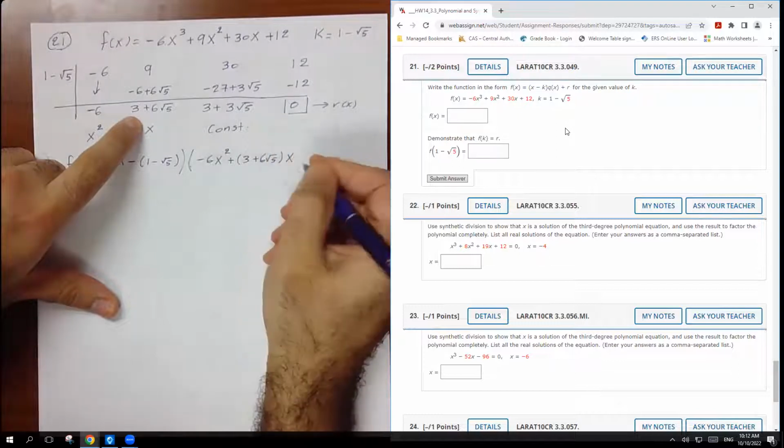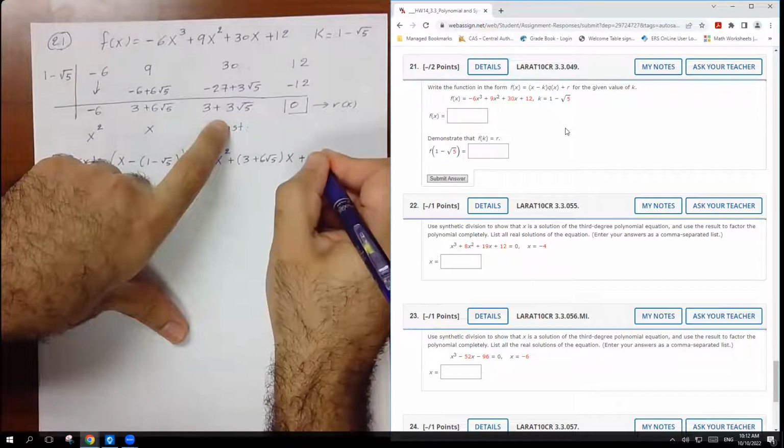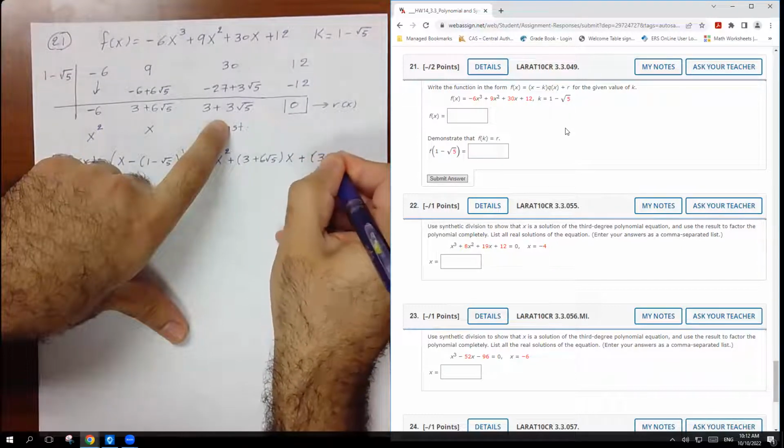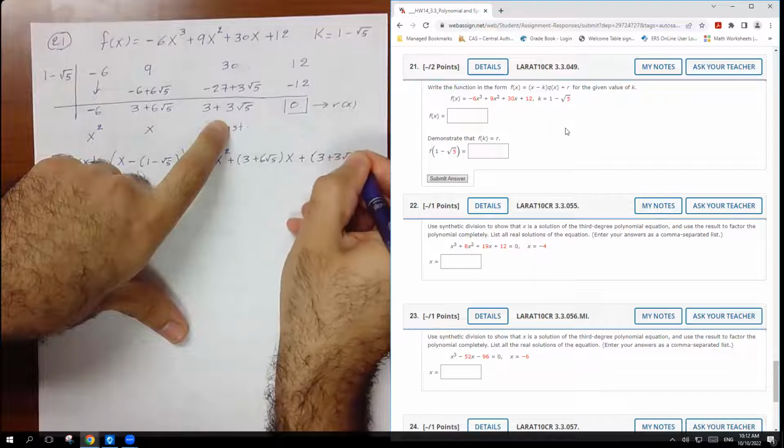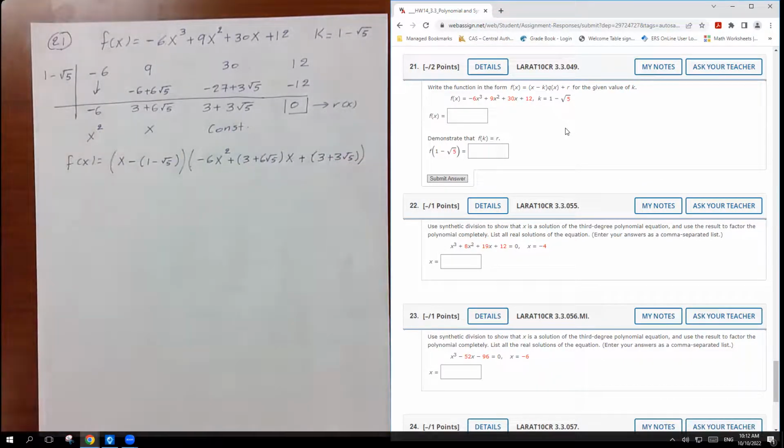This is for x, plus the constant, which is 3 plus 3 square root of 5. I'm done with this parenthesis, plus the remainder is 0. So that's it. We're just going to write down this.